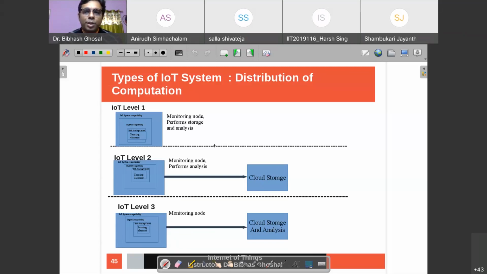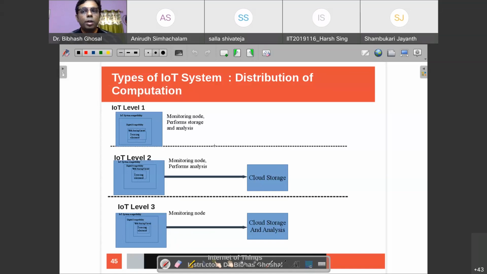The sensor node is also performing analysis. That is the reason why the microcontroller attached to that sensing circuit is able to do some kind of a very basic analysis algorithm. But the storage, because data is generated huge, is done in the cloud. The cloud is only maintaining the storage, maybe the database.